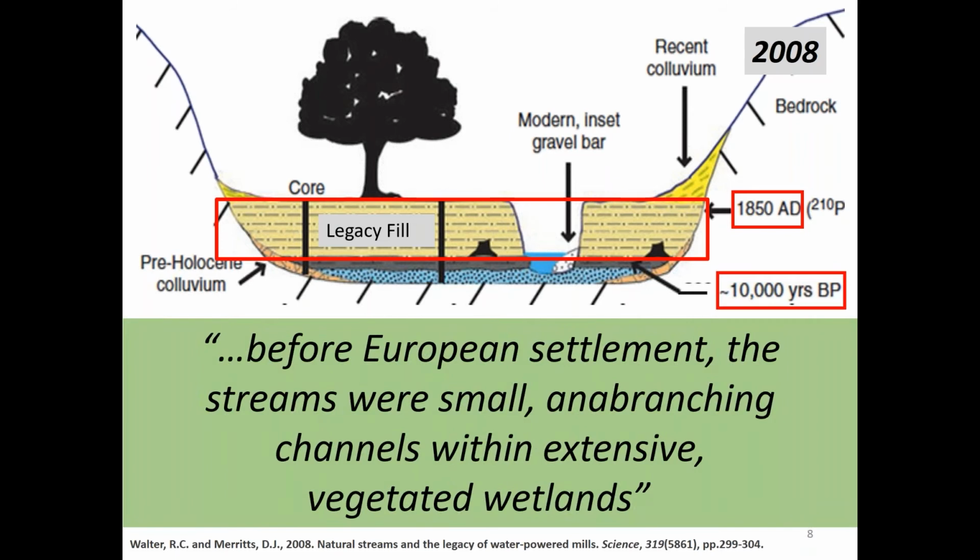And what they found underneath the legacy fill in terms of channel and ecosystem processes is, before European settlement, the streams were small anabranching channels with extensive vegetated wetlands and at times no channels at all.